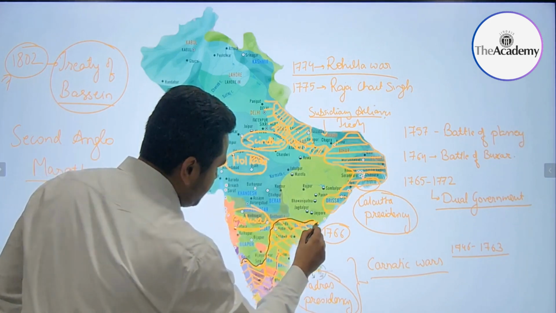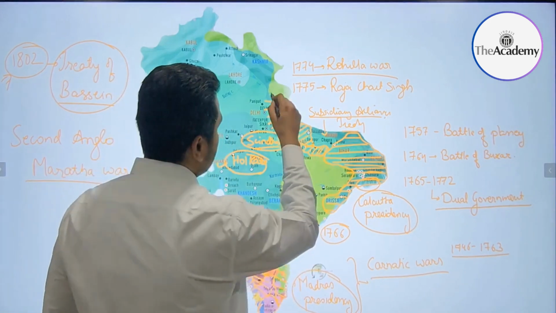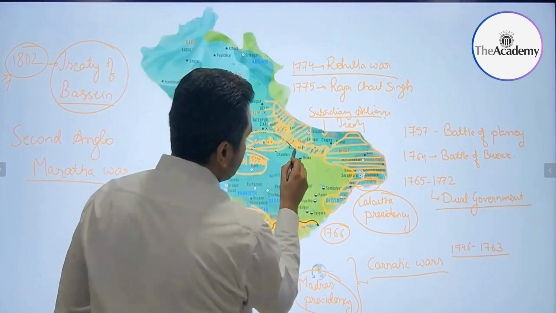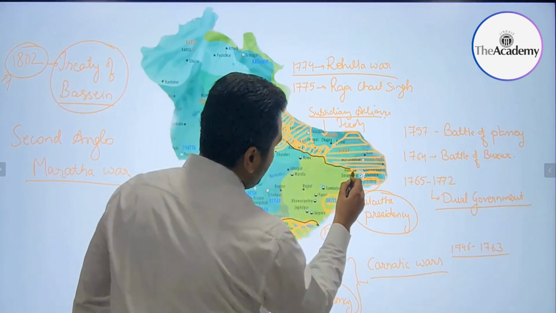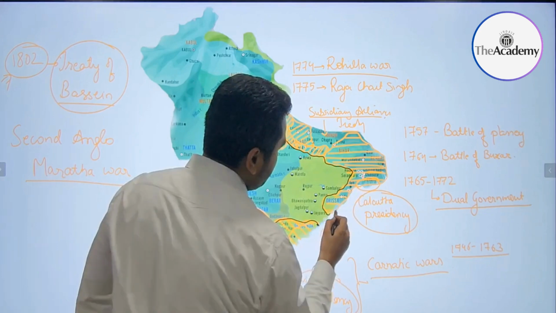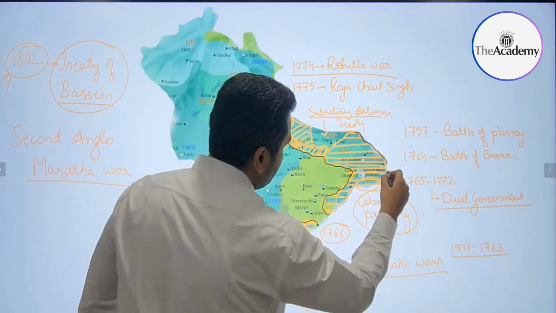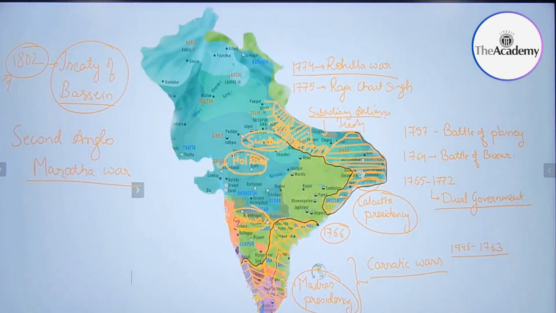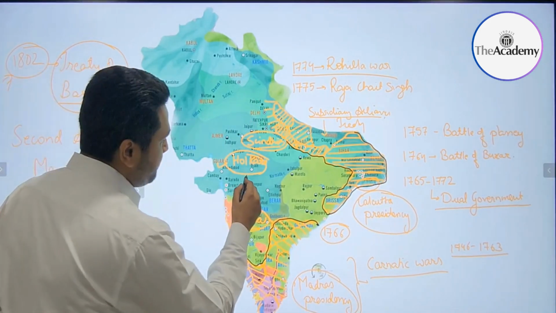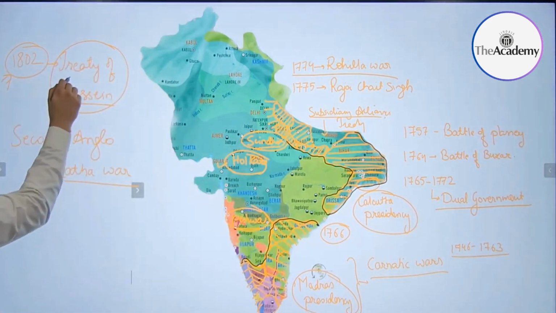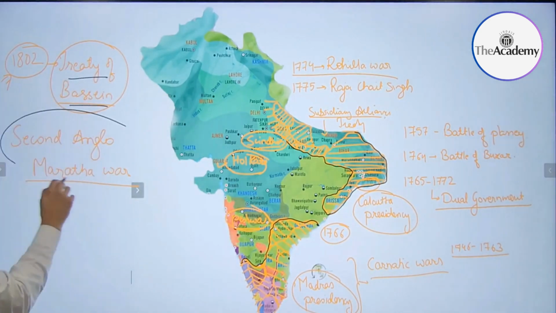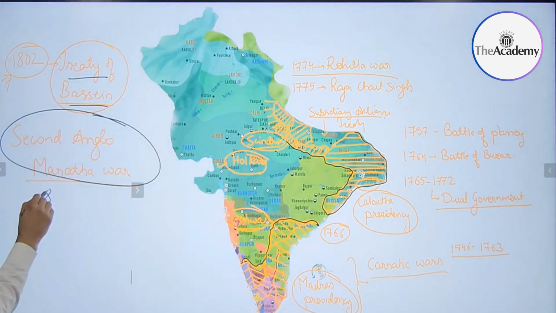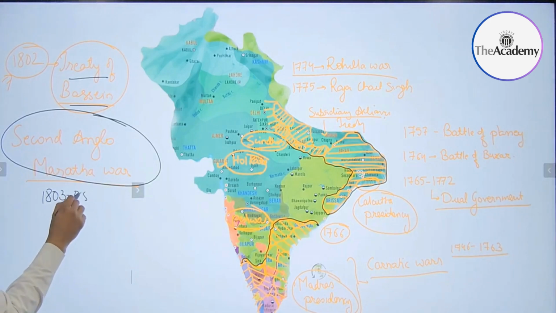This much territory is very much under their control, and in the north they have had quite a success in bringing this territory under their control. So the Treaty of Bassein triggered the Second Anglo-Maratha War from 1803 till 1805.